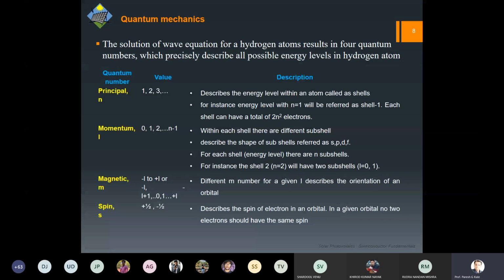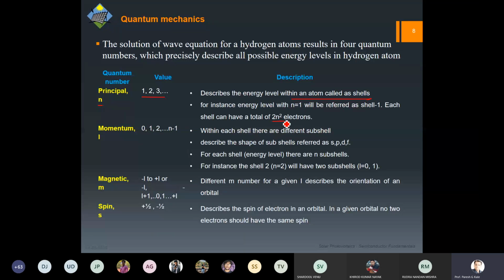So based on that, we can define 4 quantum numbers. You already very well know the first 2. The principal, that is n, describes the energy level within an atom, what we call shells. So obviously it will have integer values n equal to 1, 2, 3, and so on, as we have discussed.